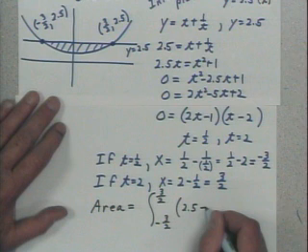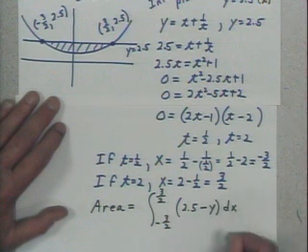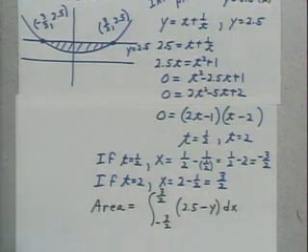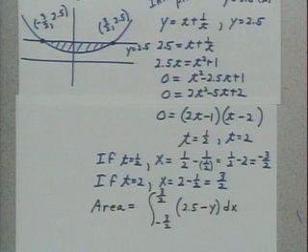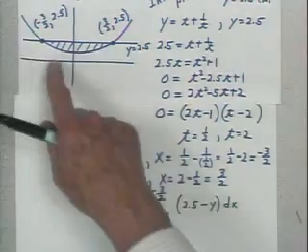Minus curve on bottom, but I don't know what that is. So I'm just going to let it be y. That's what it would have to be if I did it in Cartesian. I'd have to take the curve on top, the y on top, minus the y on the bottom. I knew that y on top is 2.5, but the bottom one I don't know.